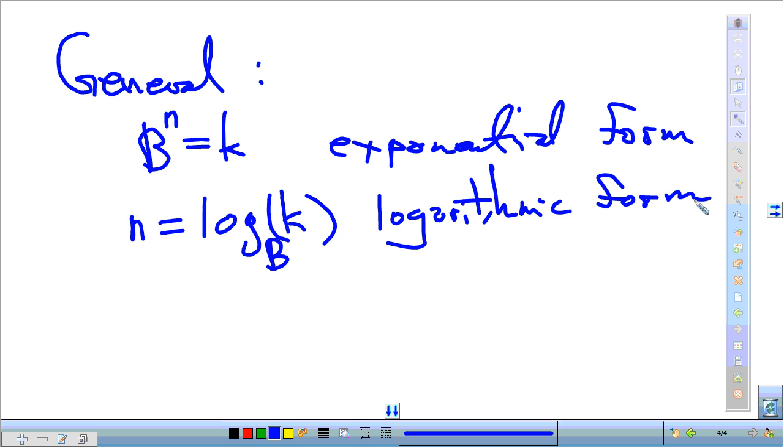So two different equations, but giving the same information.